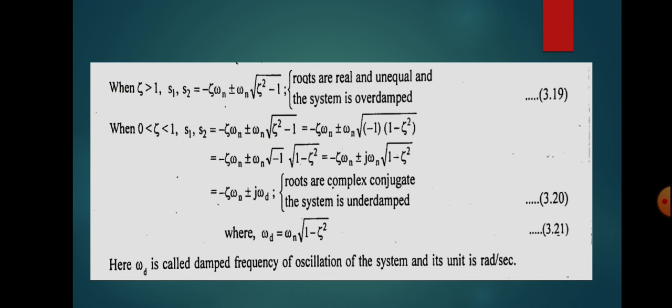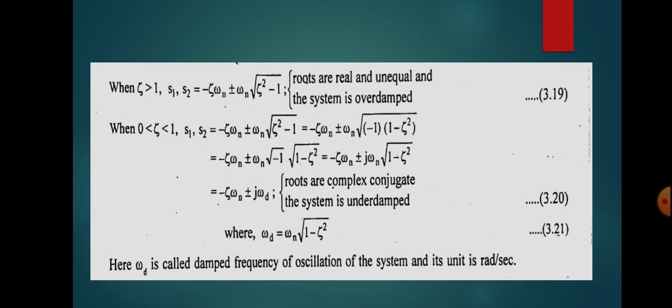That will be equal to minus delta omega n plus or minus j omega n into square root of 1 minus delta square, which is minus delta omega n plus or minus j omega d, where omega d is equal to omega n into square root of 1 minus delta square. That means the roots are complex conjugate and the system is underdamped.